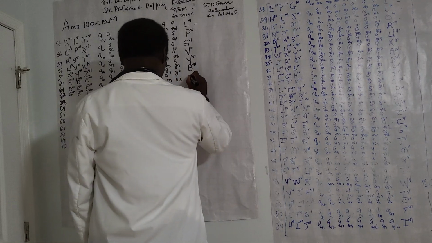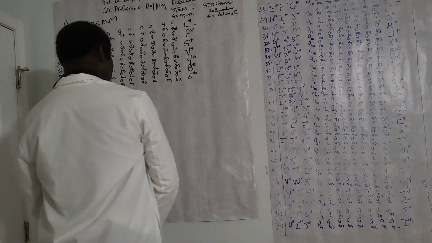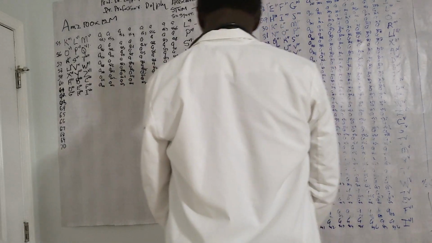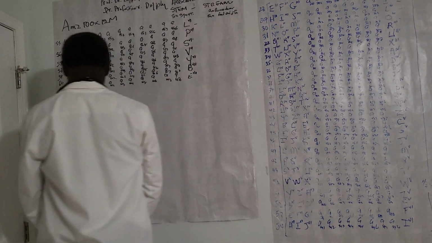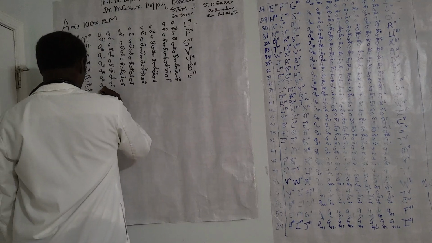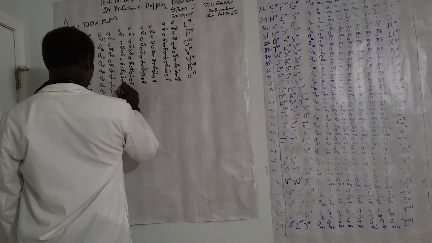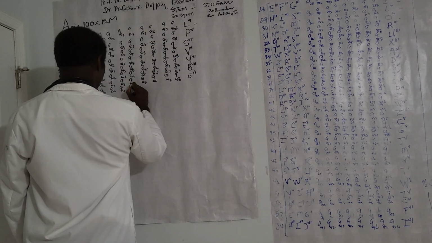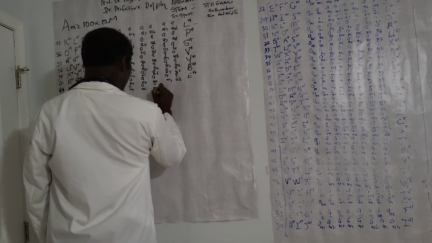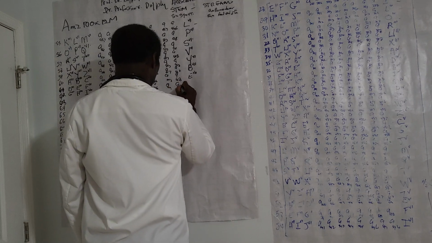And we have now E, V to I. We have GHI to the 62, A62.1, A62.2, A62.3, A62.4, A62.5, A62.6, A62.7, and A62.8.